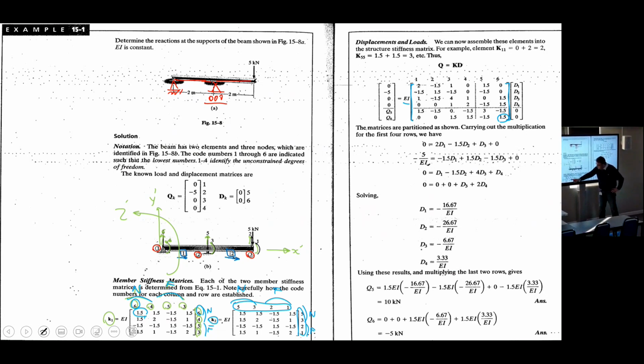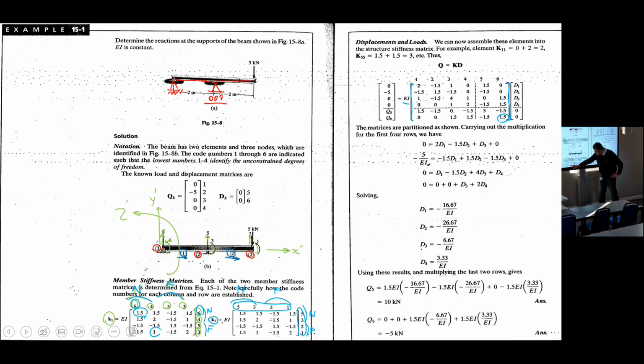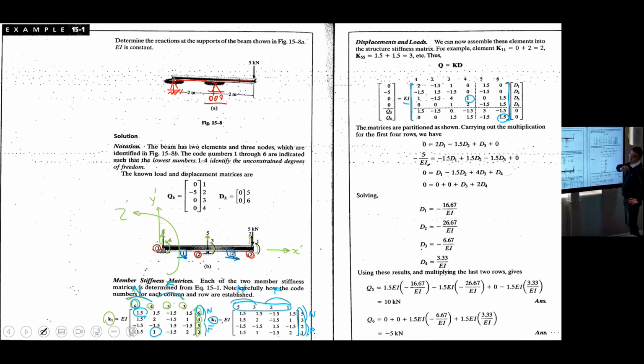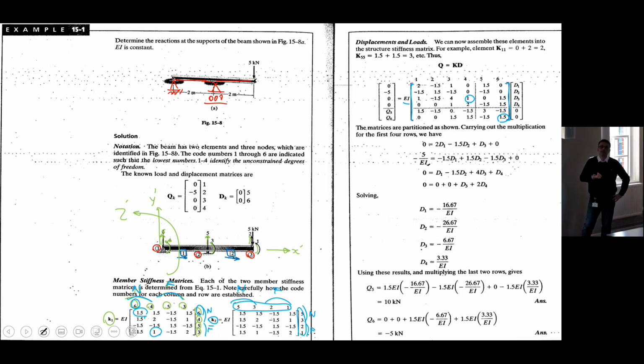The next one, let's go for, I don't know, this 1. Okay, the 1 corresponds to column 4 and row 3. Column 4, row 3. Here it is. Right? You should do it.